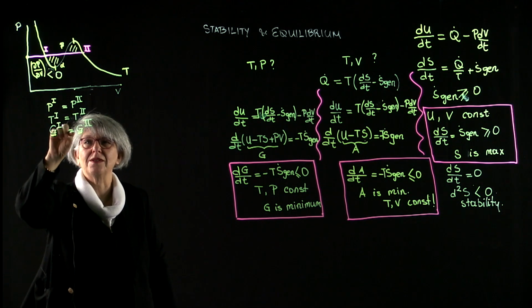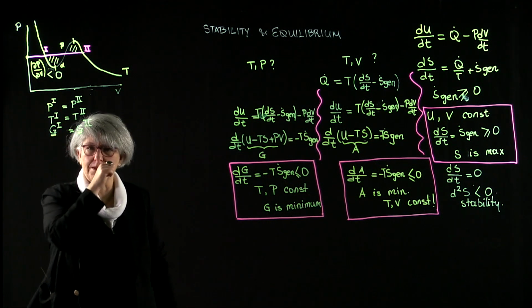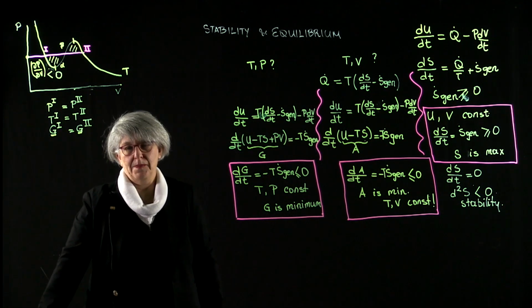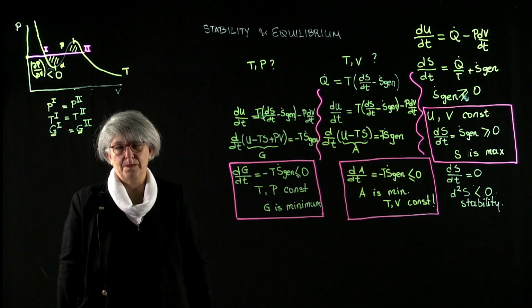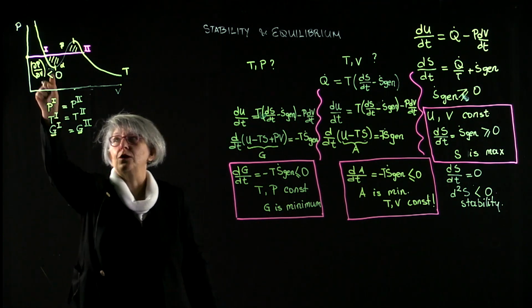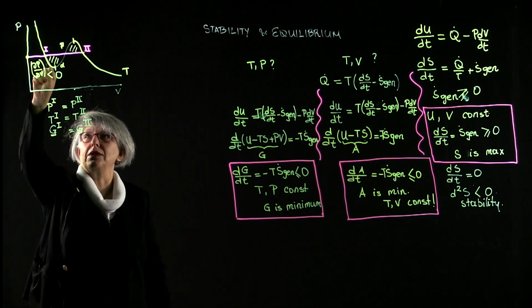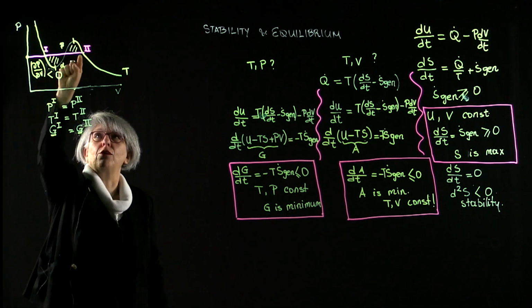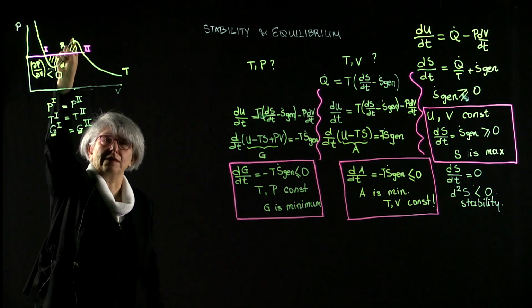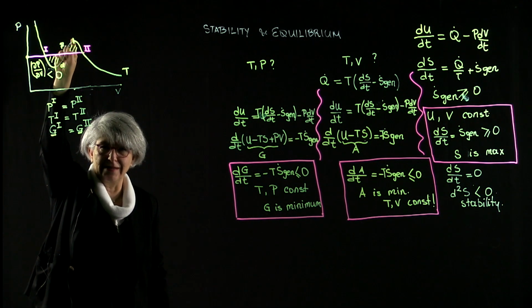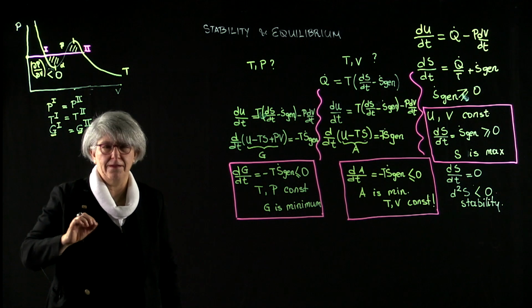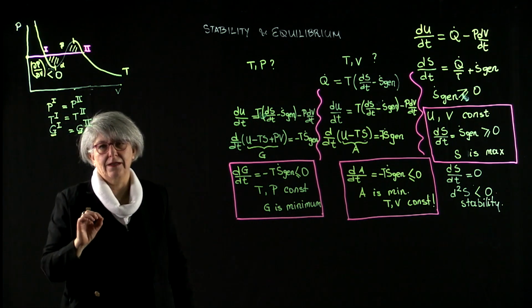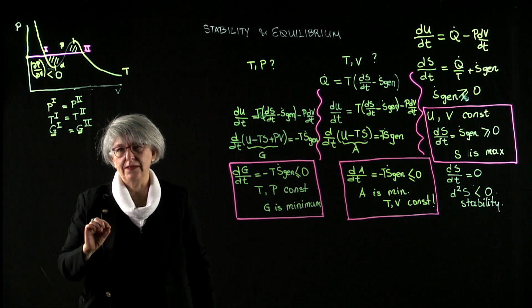Of course, Gibbs free energy is also constant at its minimum. Right? If we go beyond this point in the liquid state, or if we go beyond this point in the vapor state, we will have a condition of metastability.